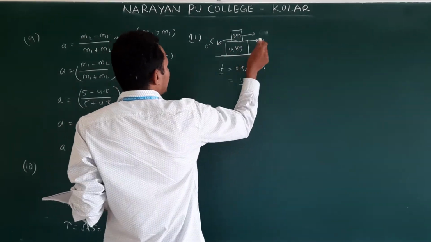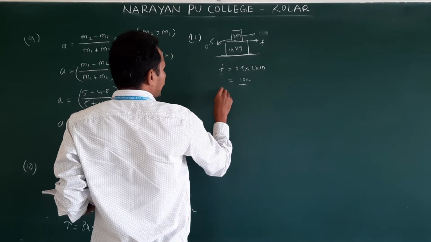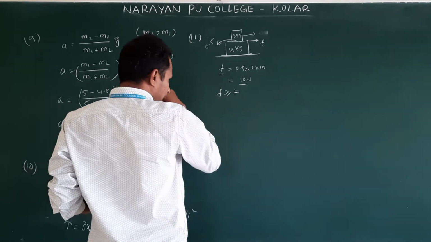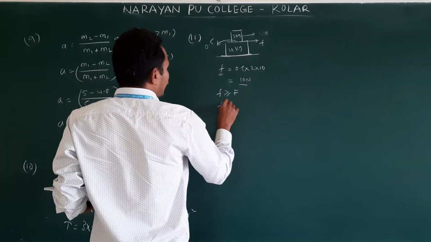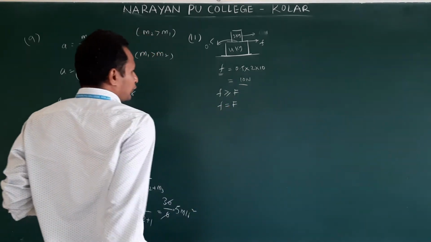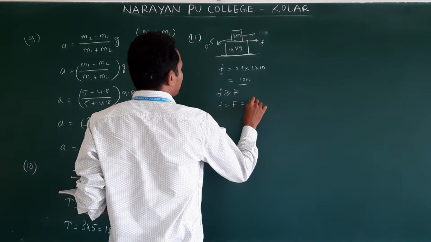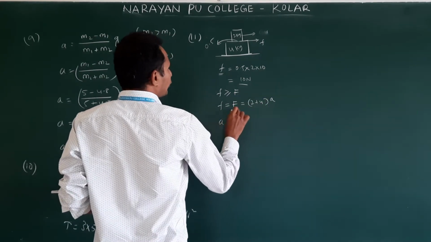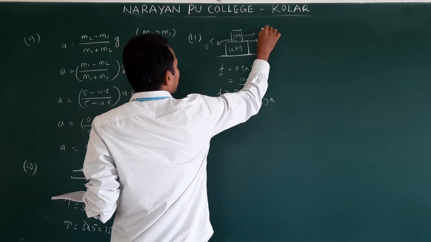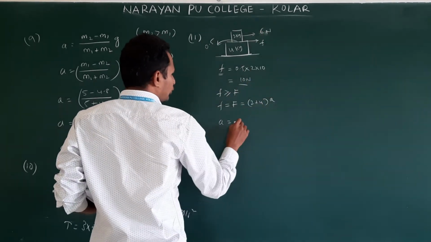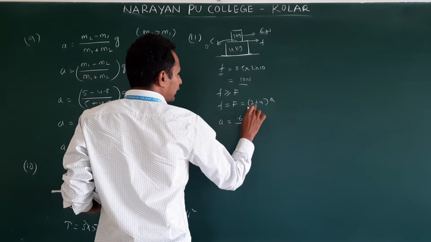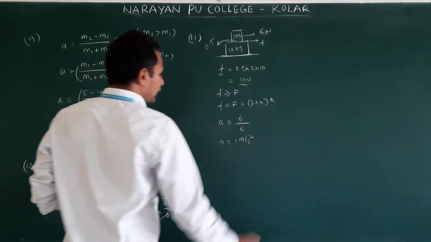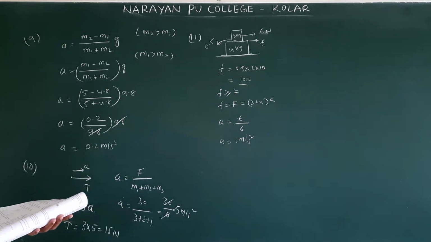F is greater than or equal to F friction, so friction will become F. This is accelerating both the systems, 2 plus 4 into A. So A is equal to, what is the force applied here? 6 newtons. So 6 by 6. A is equal to 1 meter per second square.